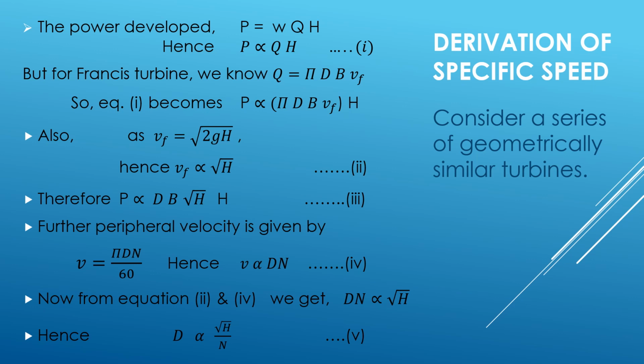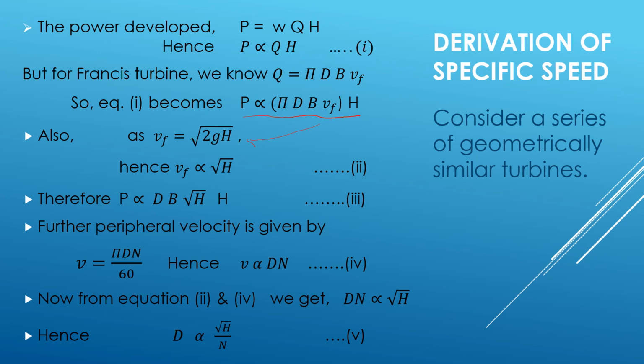For a Francis turbine, Q is pi dB Vf, so P becomes proportional to pi d B Vf into H. This Vf can be replaced by root 2gH.